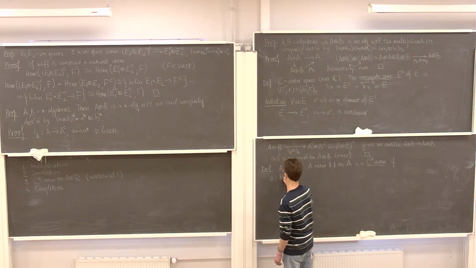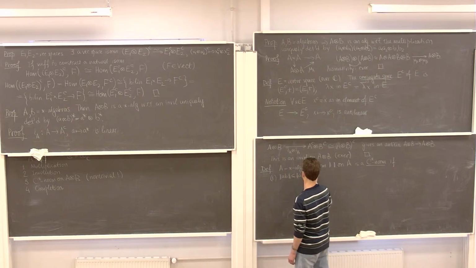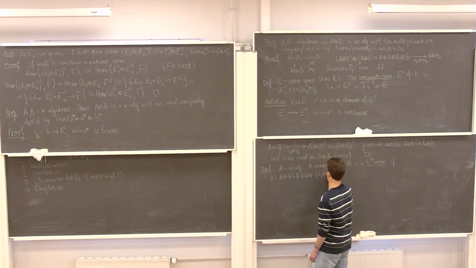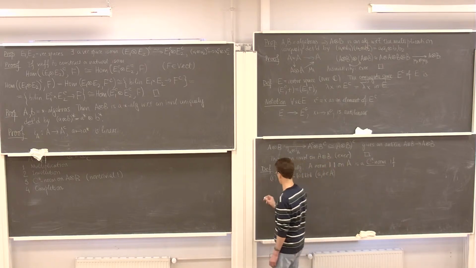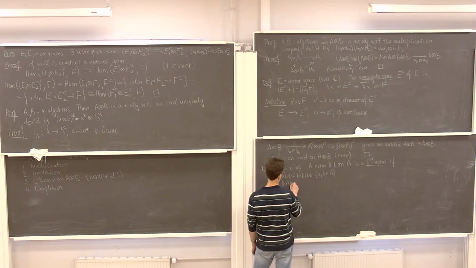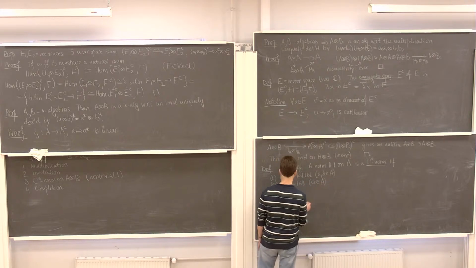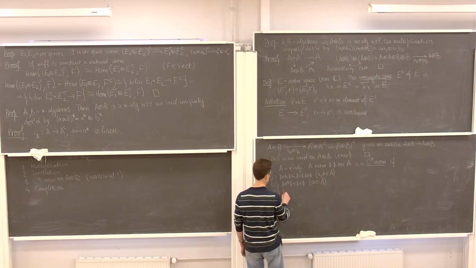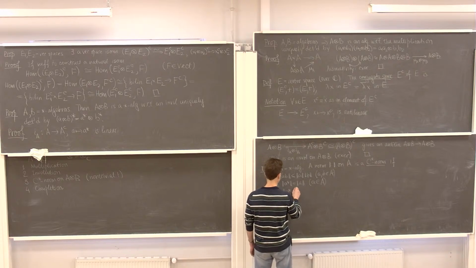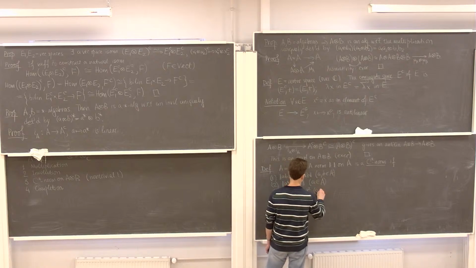First of all, it is submultiplicative. Second, the involution is isometric. And finally, the norm satisfies the C-star axiom in the usual sense.